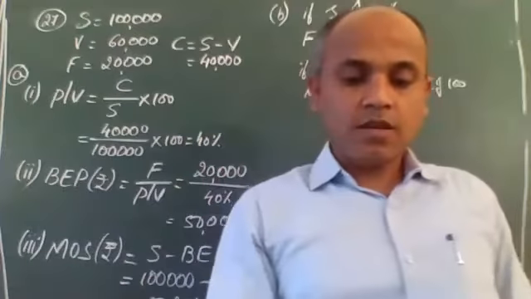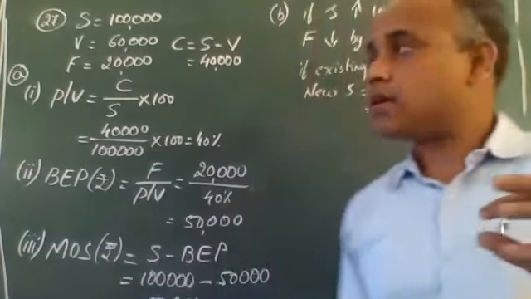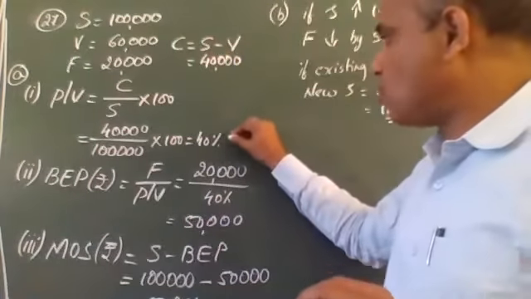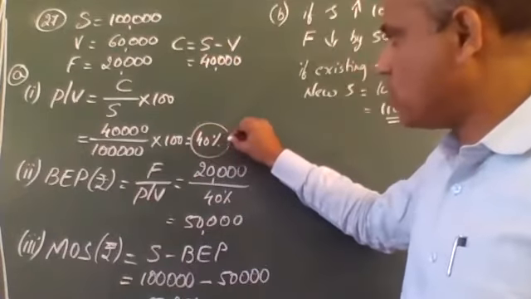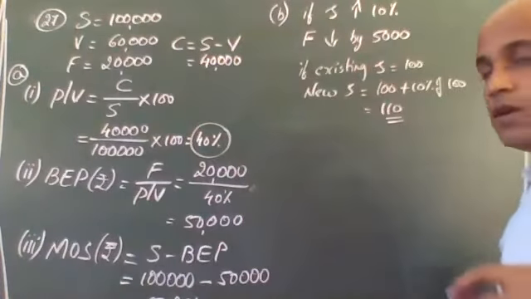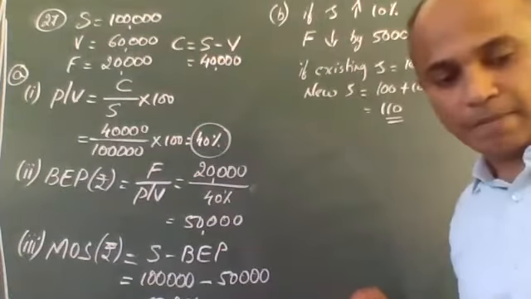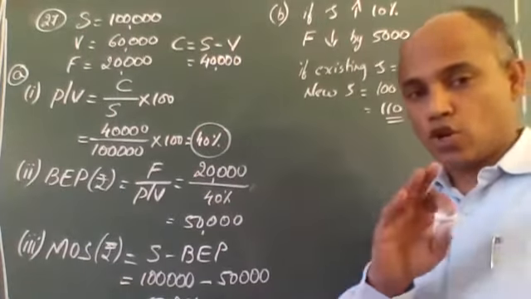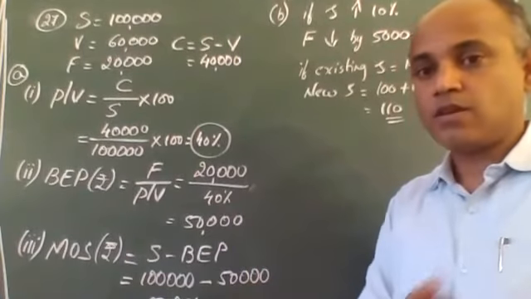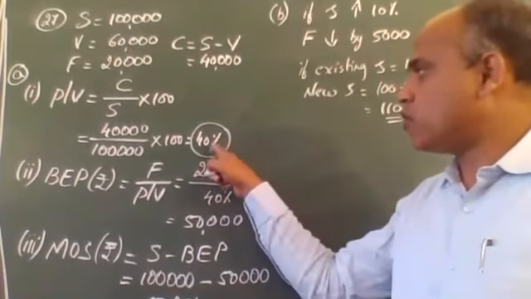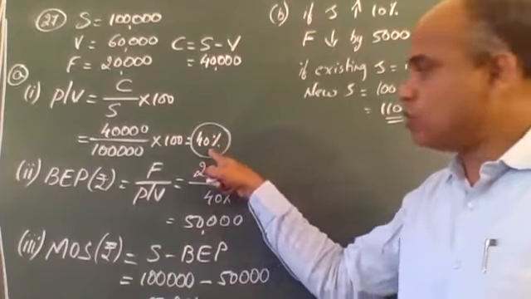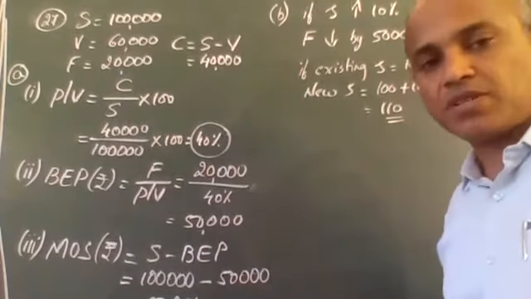Now the question is, can I take the same PV ratio? What was the PV ratio we got earlier? 40%. Do you still have the same PV ratio now also is the question. The answer is no. Why? You cannot have the same PV ratio. You know what is the analysis of this 40%?